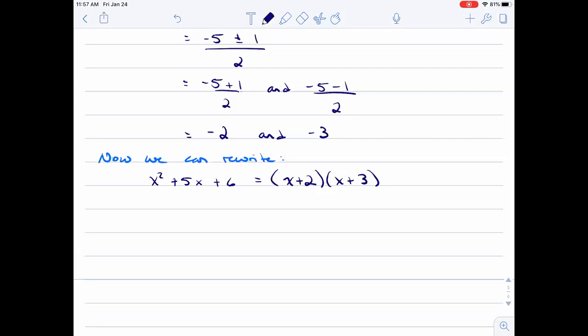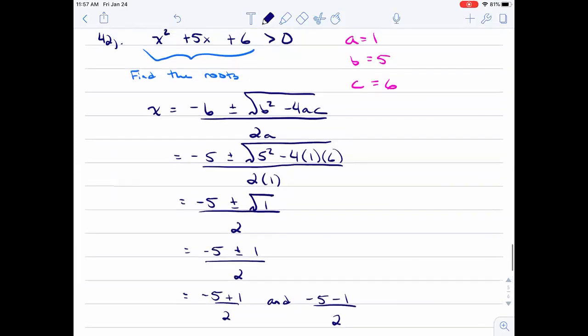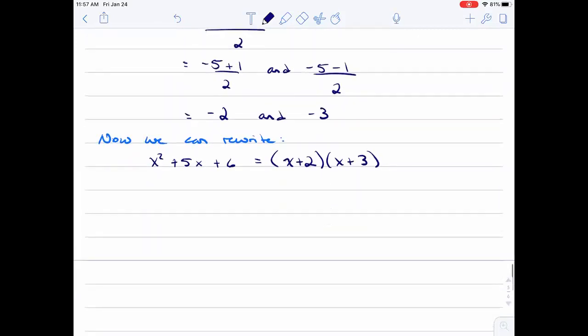So now, this all has to be what? Greater than 0. We know at -2 and -3, at -2, this becomes 0, so it's 0 times something, which is 0. At -3, something times 0 is also 0. So we know that at -2 and -3, it's going to cross the x-axis.